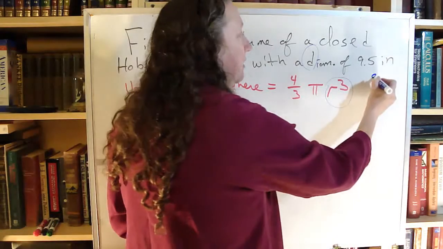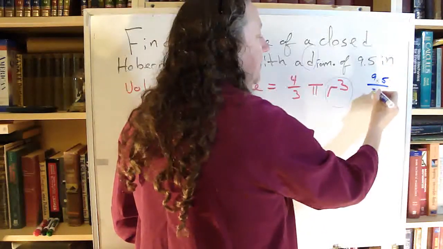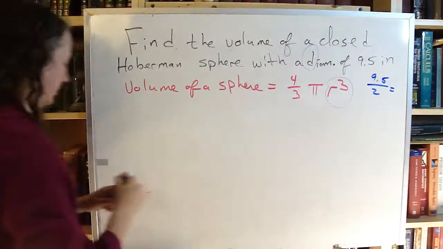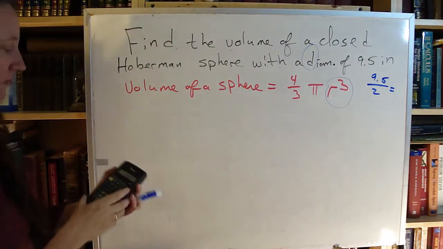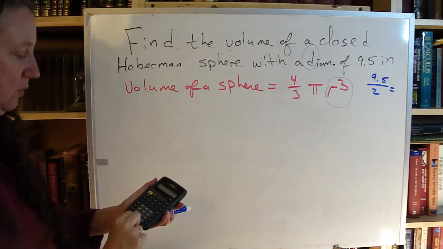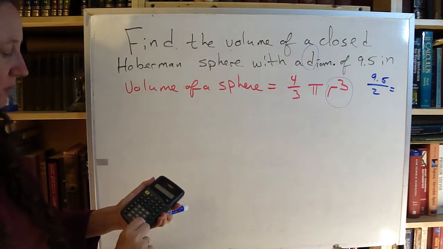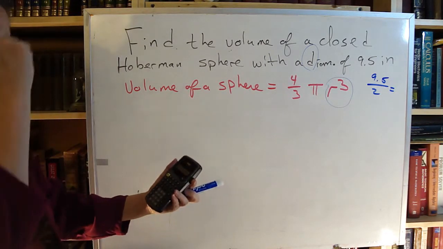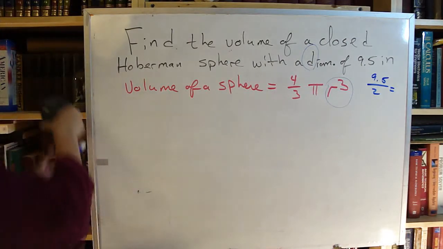So I'm doing 9.5 divided by 2 equals 4.75.